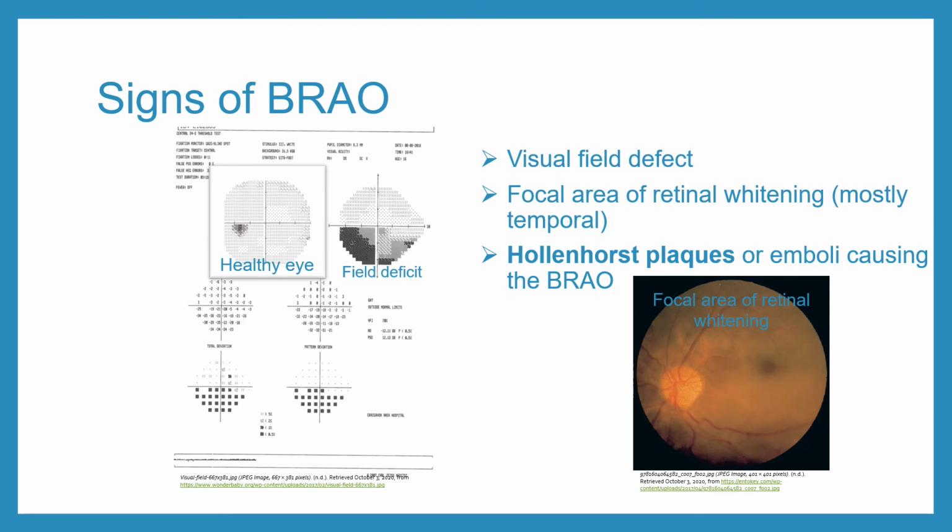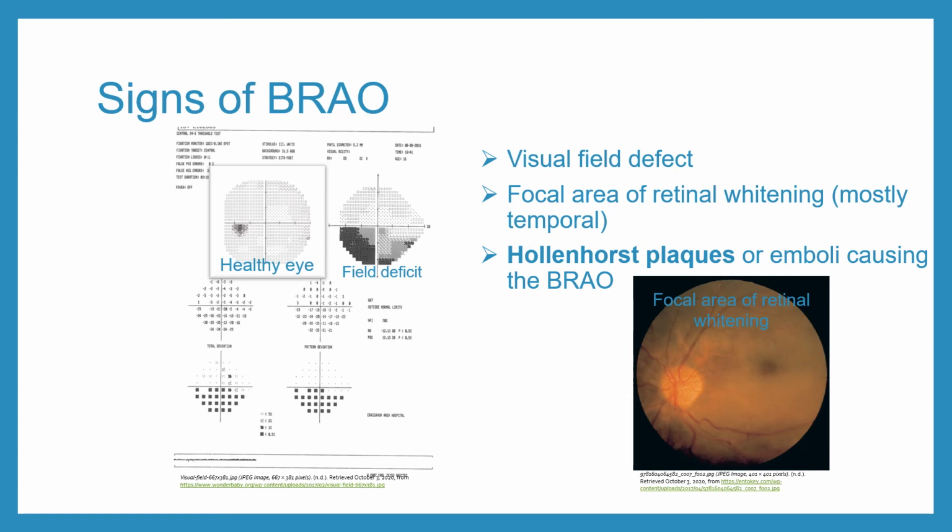And when we observe the eye, we might be able to see a focal area of retinal whitening, usually on the temporal side of the optic disc. This is because of pallor caused by not enough blood flow to that area.